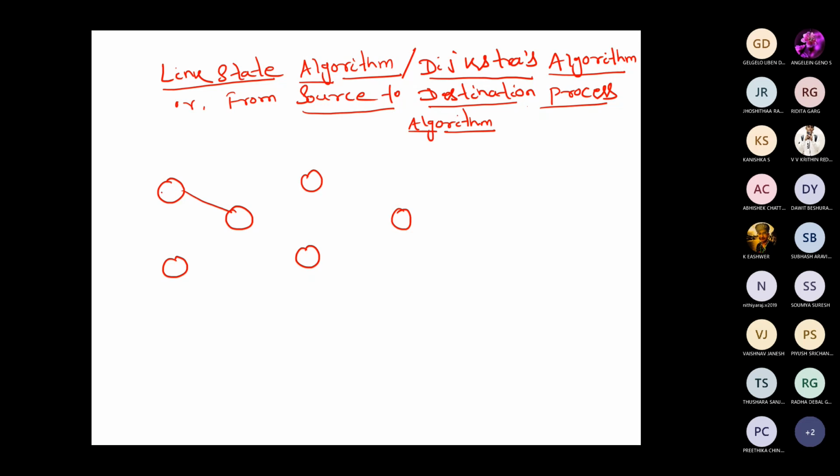Suppose this is A, B, C, D, E, and the last one is F. The connecting points, if you note, guys, are not showing any arrow mark, whether the direction or connecting links from A to B or B to A. It is undirected. That's what I said.